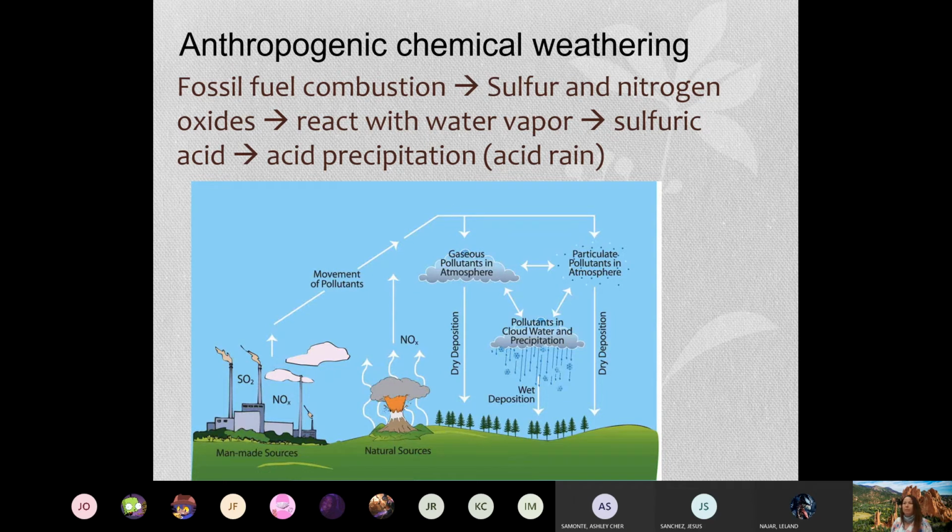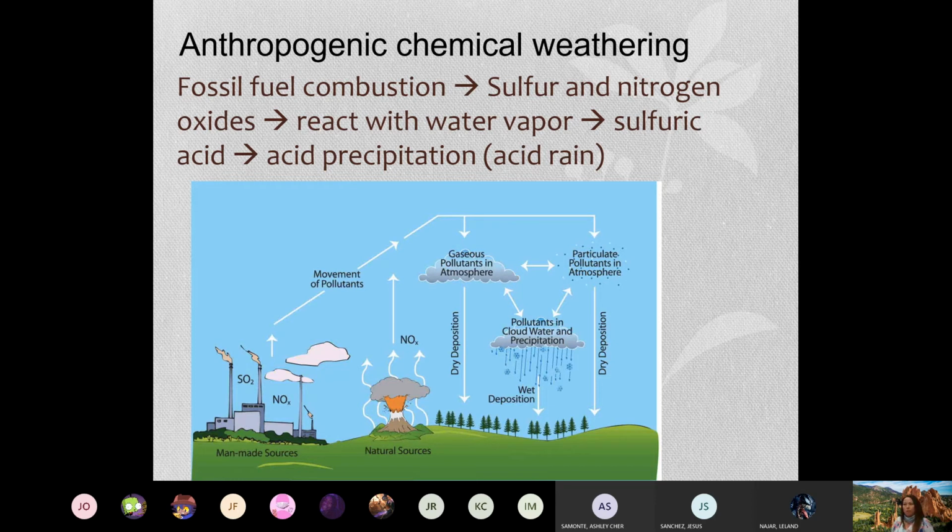A big part of it, for example, comes from fossil fuel combustion, the buses, cars, all that driving around, or burning for energy, like we have our coal plant downtown. That releases sulfur and nitrogen oxides, which you'll hear, especially once we get to atmosphere, referred to as NOx and SOx, SOx for sulfur oxide, and NOx for nitrogen oxide.